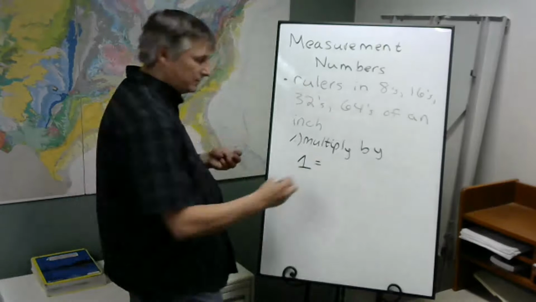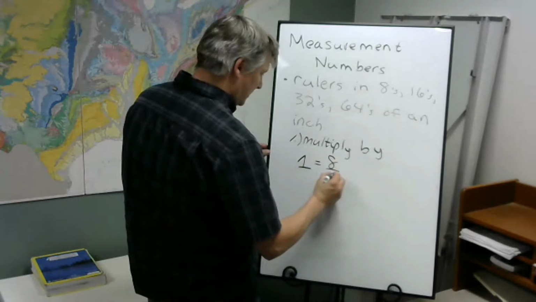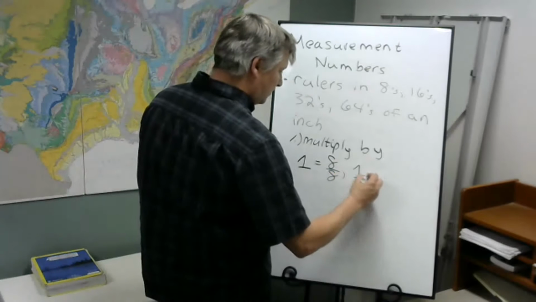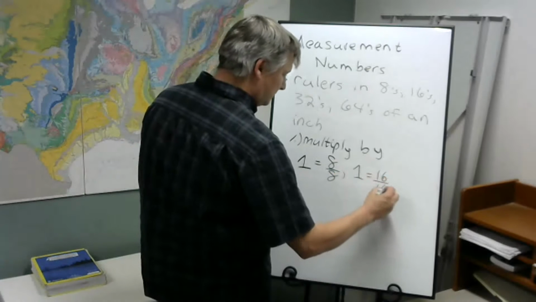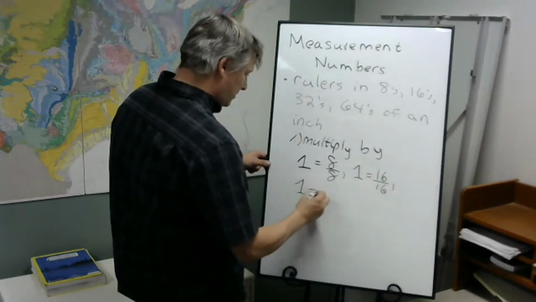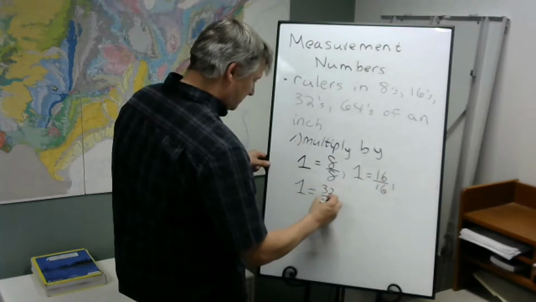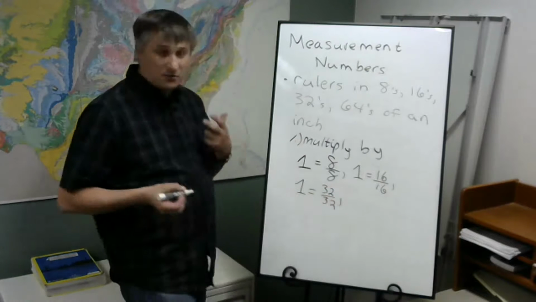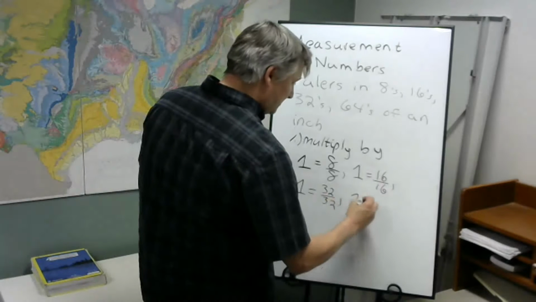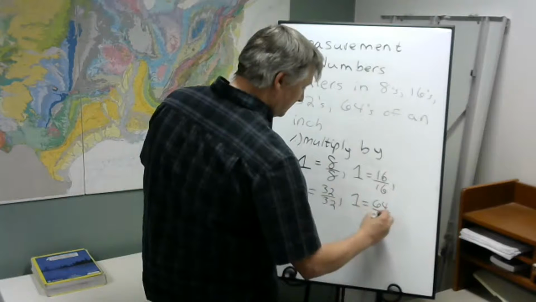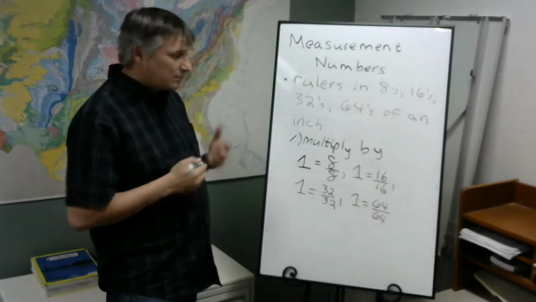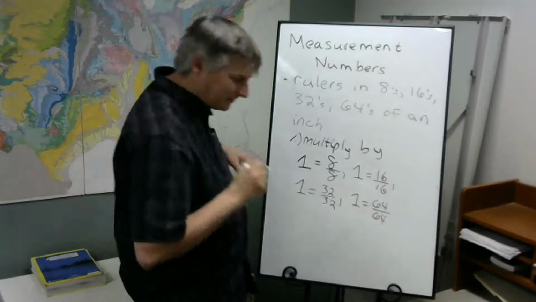And we can represent 1 as, say, 8/8 for 1/8 of an inch. We can represent 1 as 16/16 for 1/16 of an inch, as 32/32 for 32nds of an inch, and as 64/64 for 64ths of an inch. So we're going to multiply it by 1 like this.